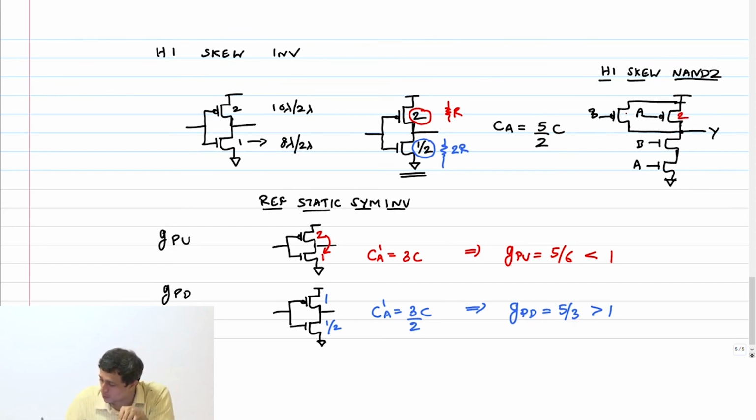This should be 2 and 2. But at the bottom, the net resistance should be 2R. Therefore, each transistor should be R, which means that the size should be 1, 1. What about a high skew NOR?